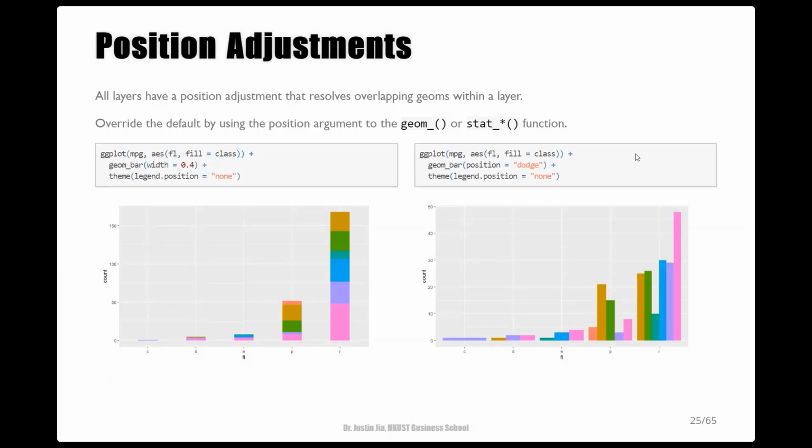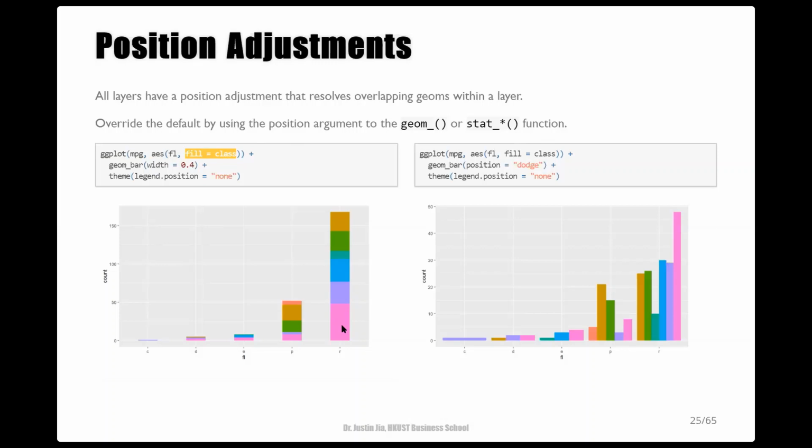In this example, I create a bar plot and map the variable fl, standing for field type, to x, and the variable class to the aesthetic of filling color. So within each level of field type, the observations are further partitioned by class, and a bar is created for each partition and colored differently.